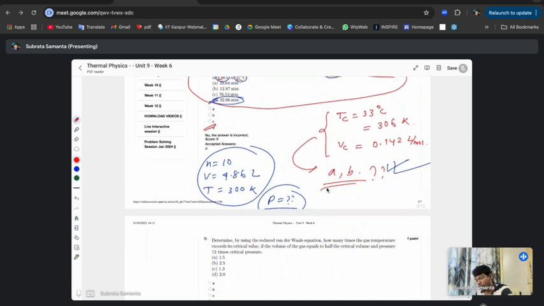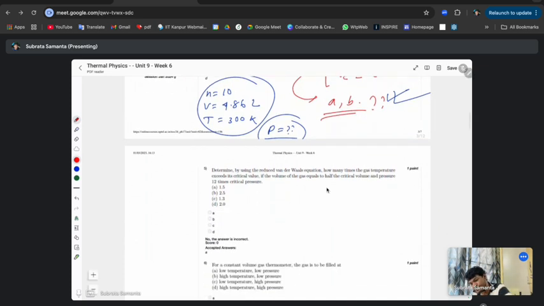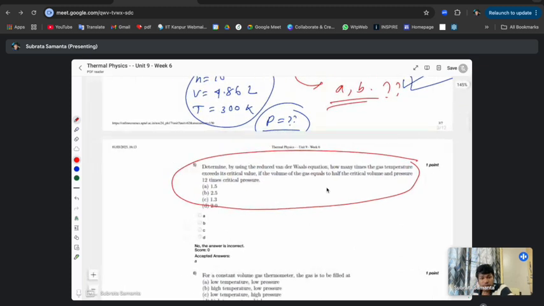Okay, so in the next problem: determine, by using the reduced van der Waals equation, how many times the gas temperature exceeds its critical value. So this is basically the reduced van der Waals equation, right?